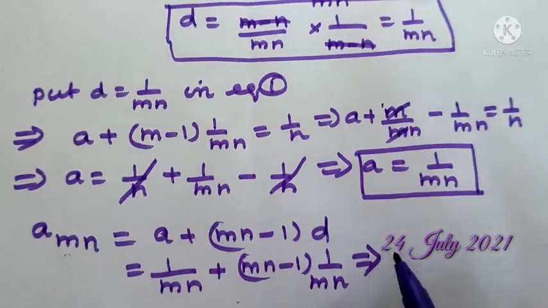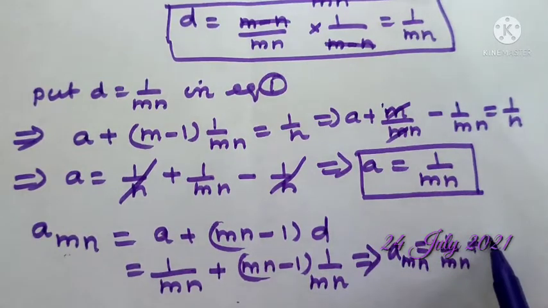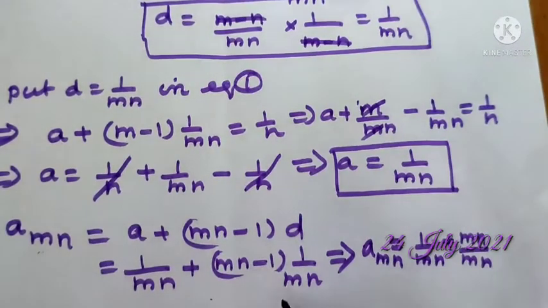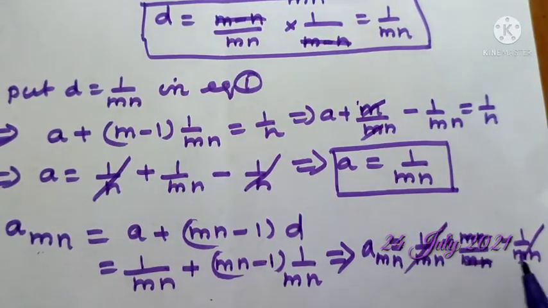Implies amn equal to 1 by mn plus mn by mn, we are expanding with the mn, 1 by mn only, so minus 1 by mn. mn by mn will get cancelled, so what is remaining? 1 only.